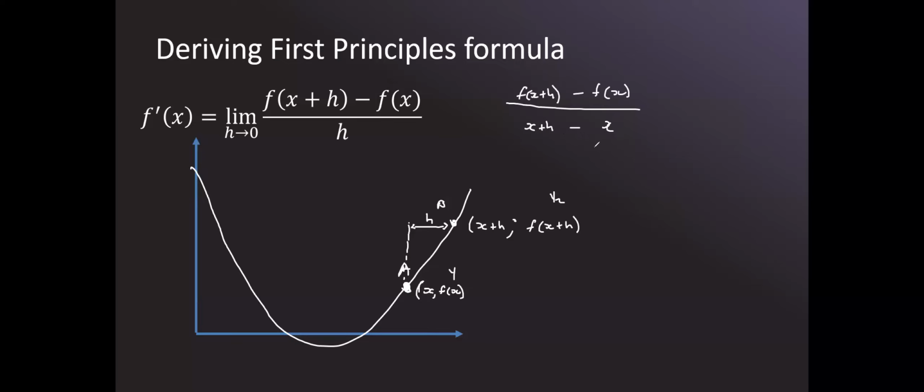Now we can simplify that. Notice this x cancels that x. So we're left with f of x plus h minus f of x, all over h.